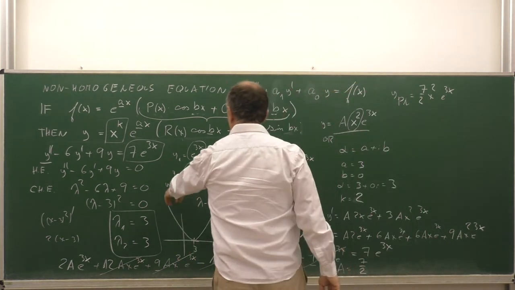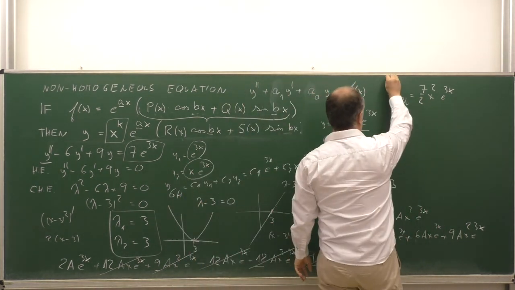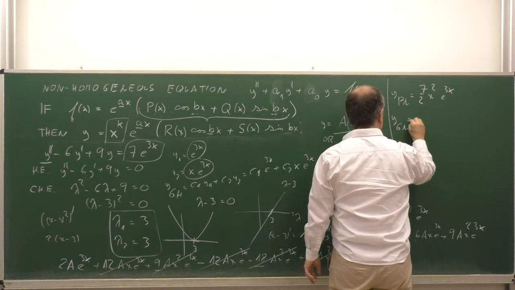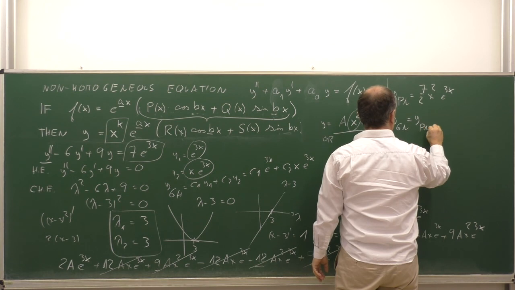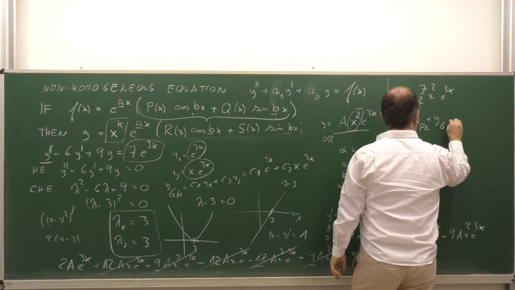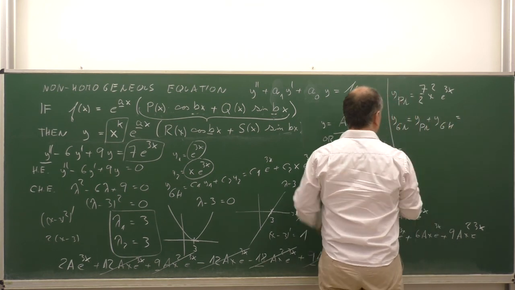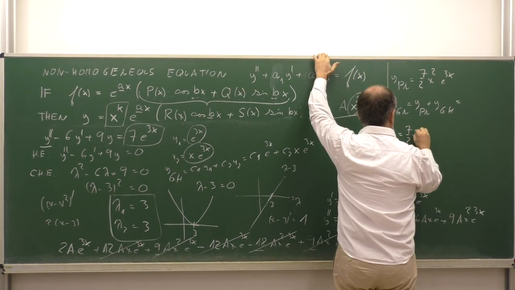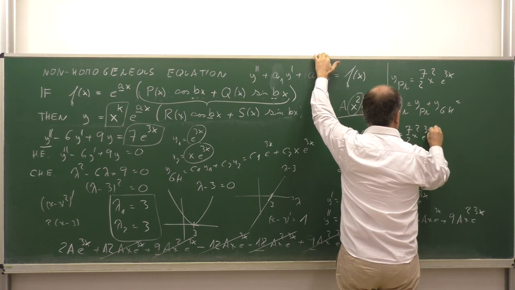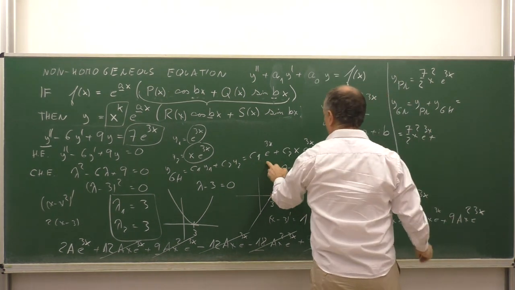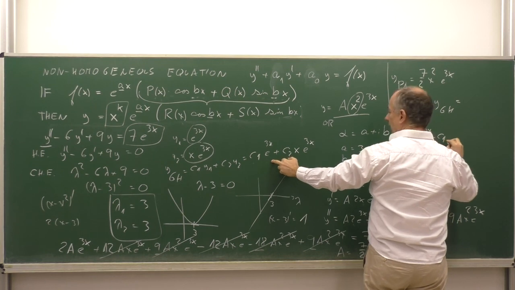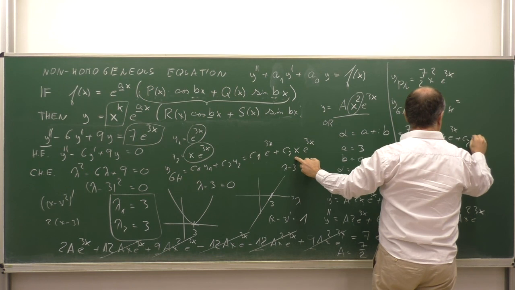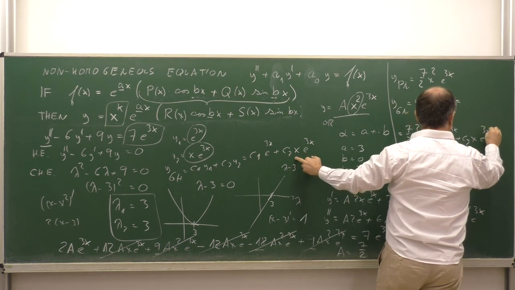And then we take the general solution of the homogeneous equation, and we can write the general solution of the non-homogeneous as the particular solution of the non-homogeneous plus the general solution of the homogeneous, which is 7.5 x squared e to 3x plus c1 e to 3x plus c2 x e to 3x.